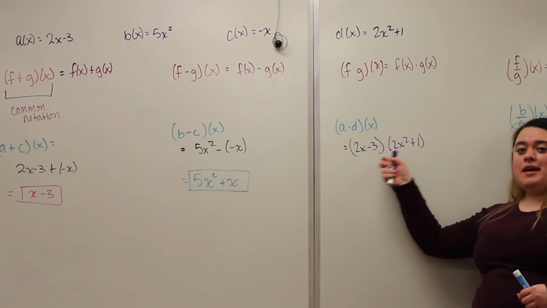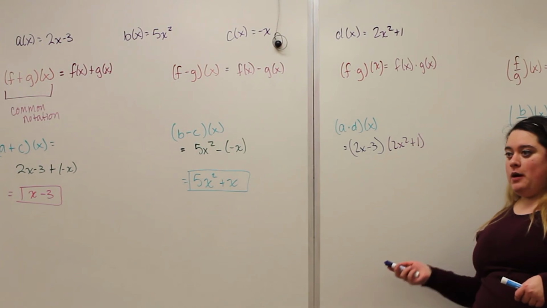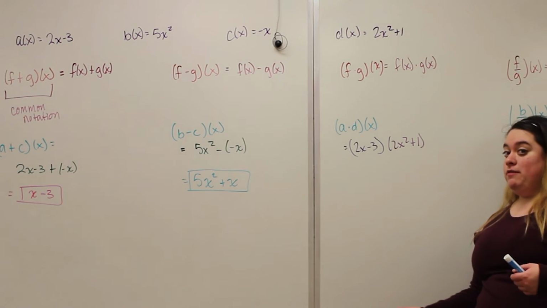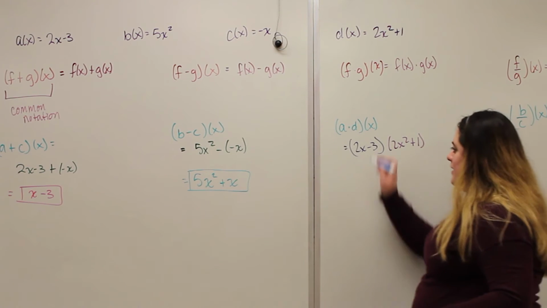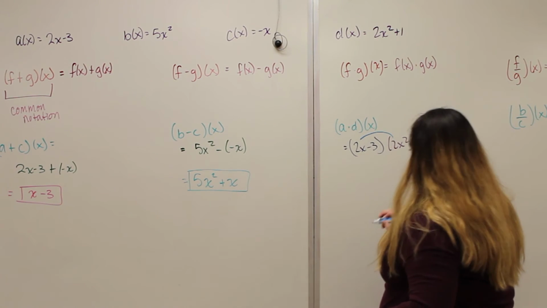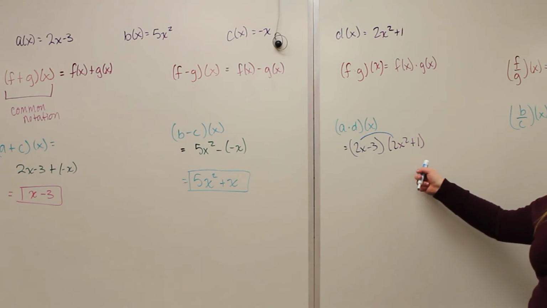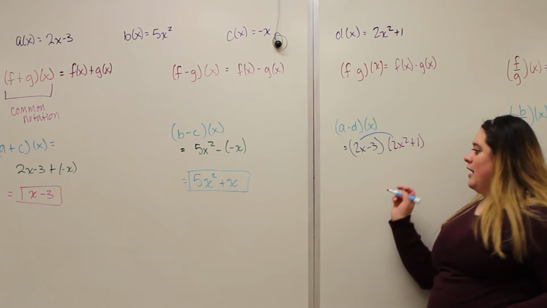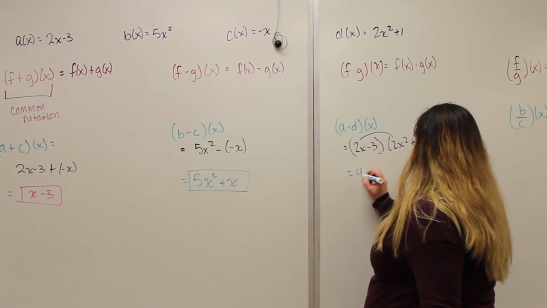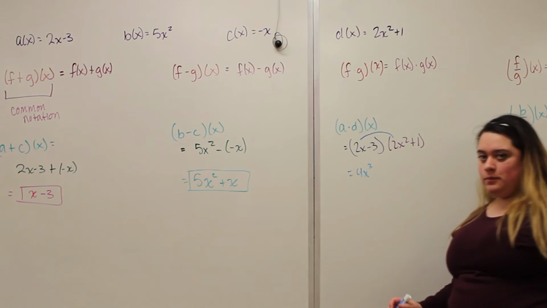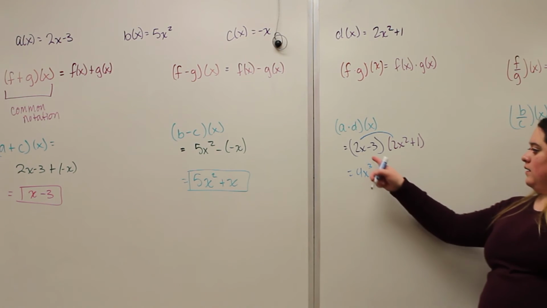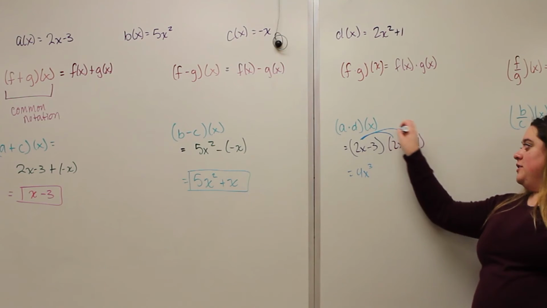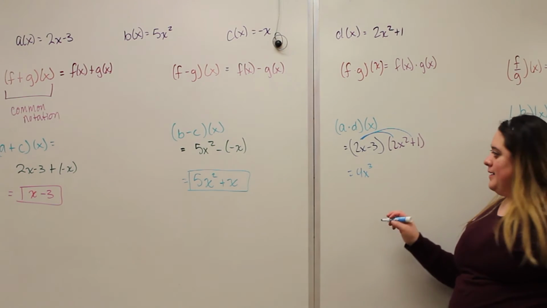Look at how it's set up. We're going to need to use the distributive property in order to simplify our expression. Let's start with our 2x and multiply it by our 2x squared. That will give us 4x to the third power. Now let's take our 2x and multiply it by 1.